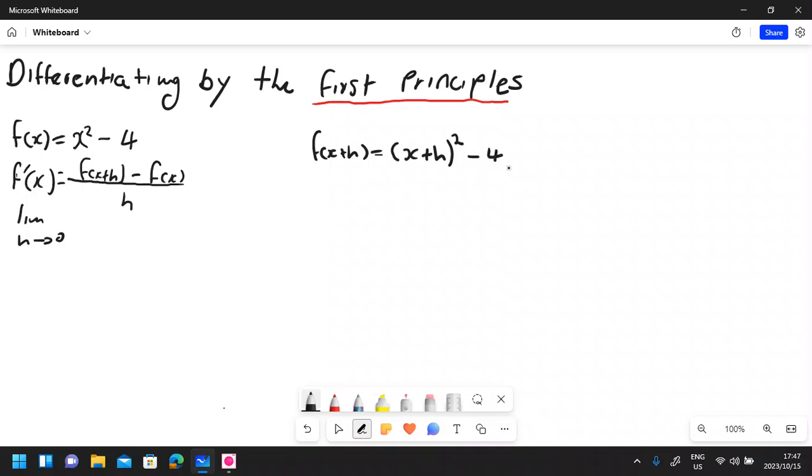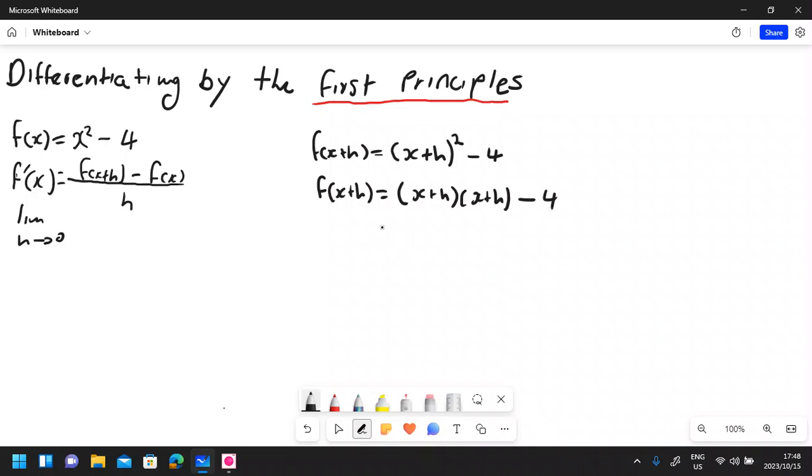Meaning you have to factorize and simplify this so that it can be easy to substitute. We know when you have squared there, it means that you have two brackets. Let's just do it: x plus h multiplied by x plus h. We just expand there.